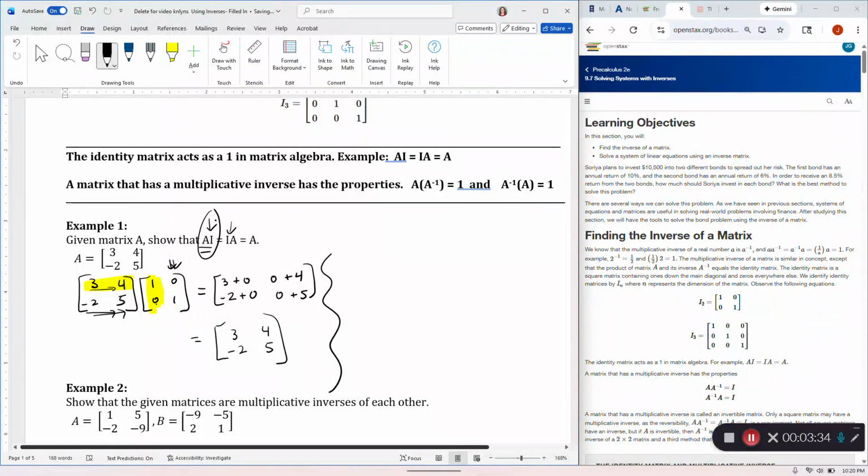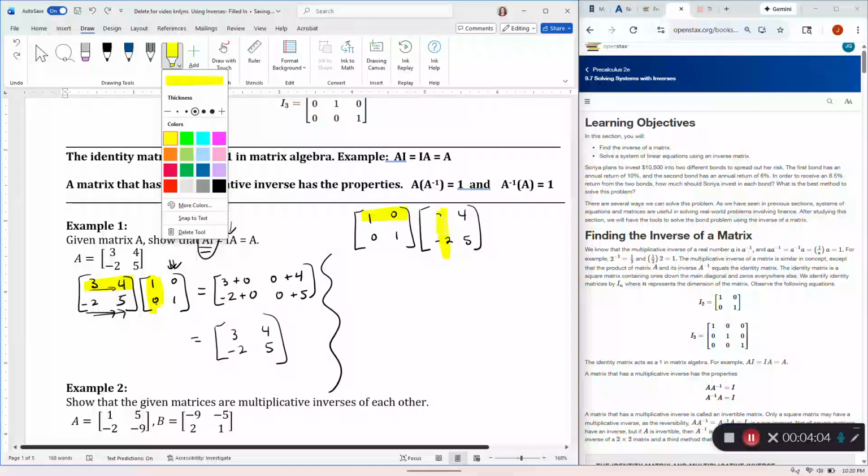Now we're going to do it in reverse order here. So we're going to start with the identity, 1, 0, 0, 1, and we're going to multiply it by 3, 4, -2, 5. Same deal, rows times columns.